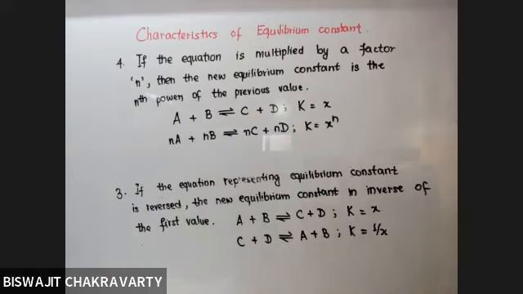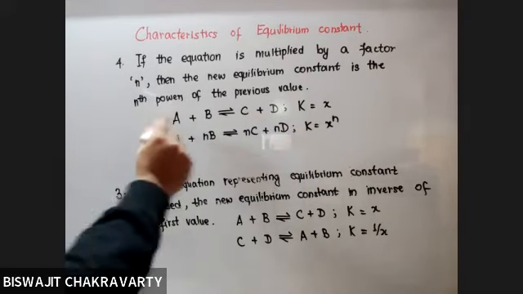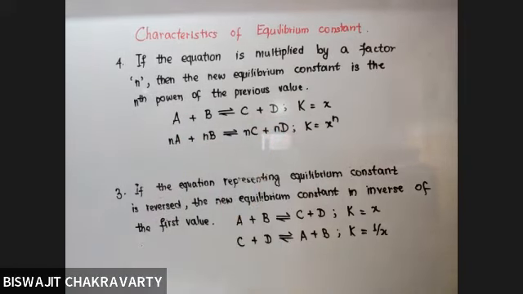So if you multiply by any number all through, the new equilibrium constant will be the original value raised to the power of the number with which you have multiplied. Clear? Yes, sir. Okay.